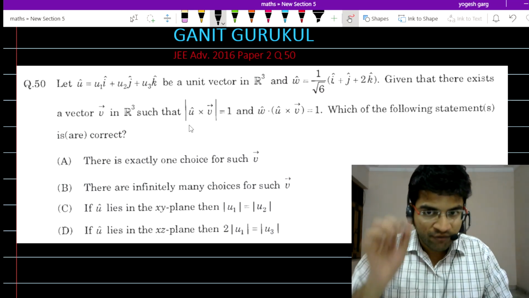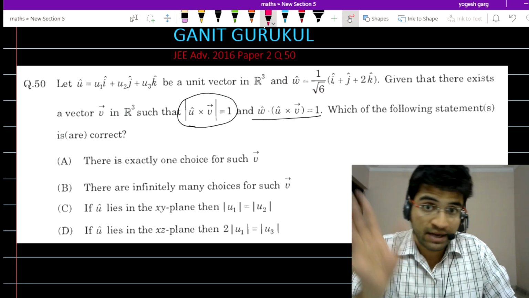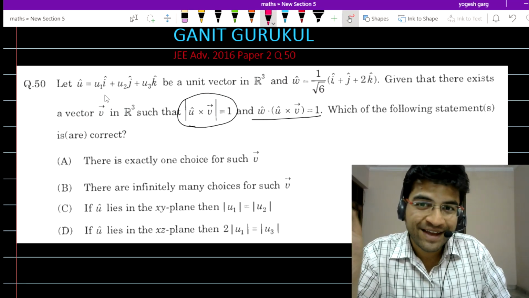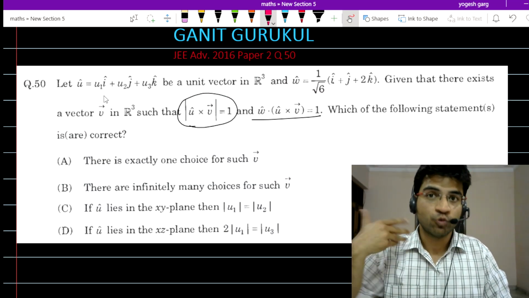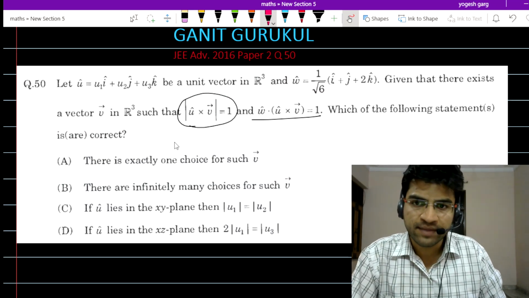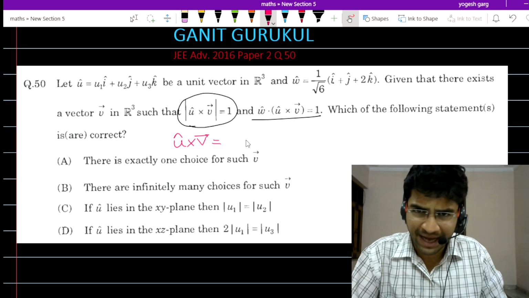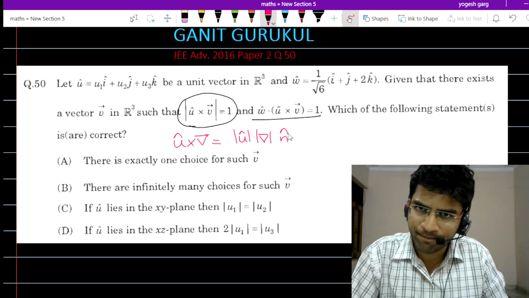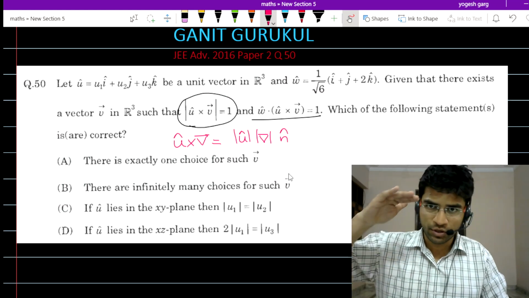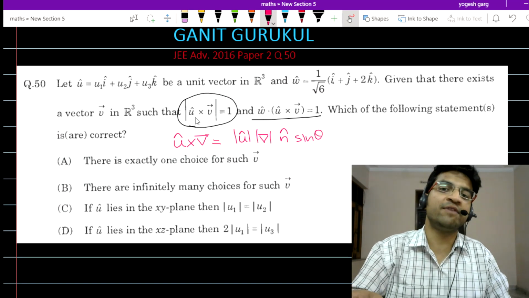That is, think for this particular expression and think for this expression, right? But now, should we use this U cap and write V vector as V1 I cap, V2 J cap? That will be very difficult. So what we should do? We should use this idea that U cap cross V vector can be written as mod U cap, mod V vector into some n cap, which is the vector perpendicular to U cap as well as V vector, into sine theta, where theta is the angle between U cap and V vector.